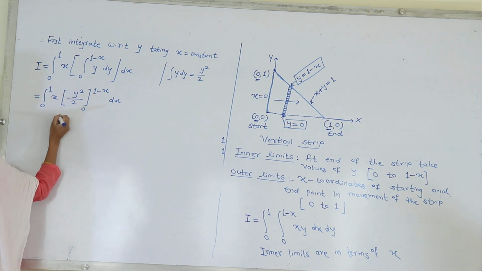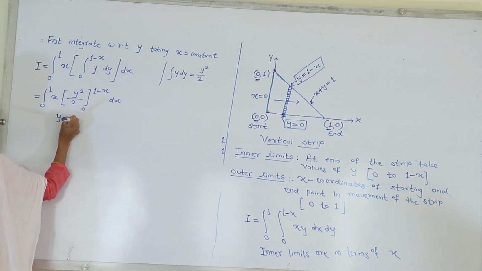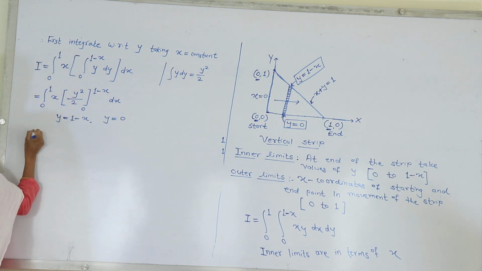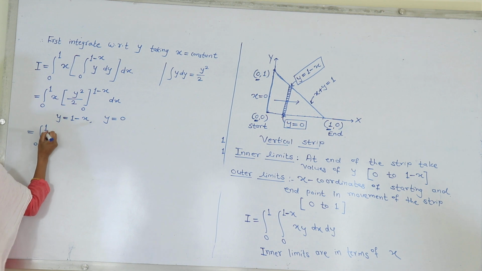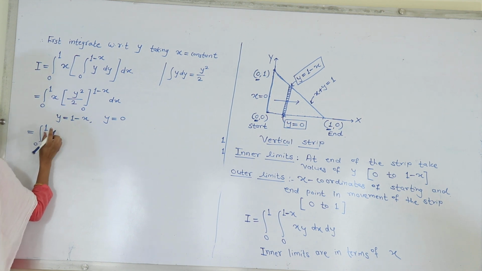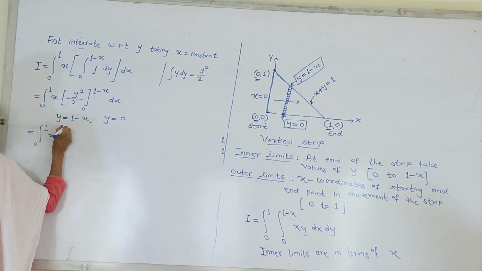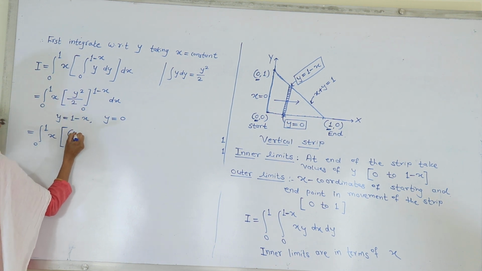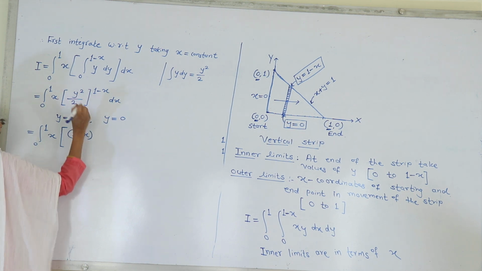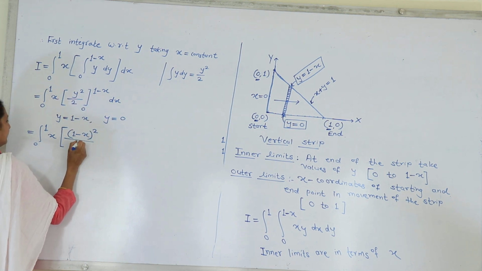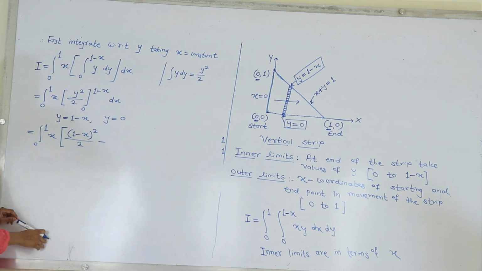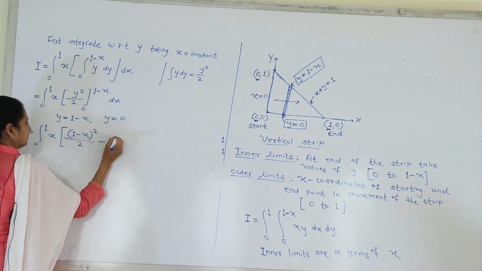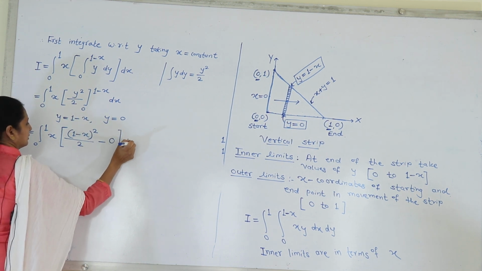Now the limits of y are y equal to 1 minus x and y equal to 0. The outer limits are 0 to 1, x as it is. Y is replaced by 1 minus x, so the upper limit is 1 minus x. Y square, therefore bracket square upon 2, minus the lower limit y equal to 0, so 0 by 2 is 0, dx.